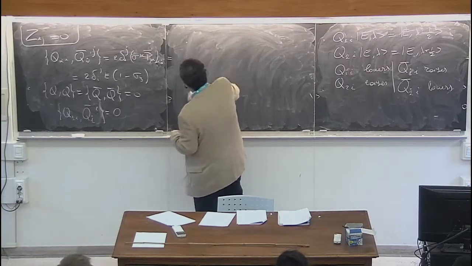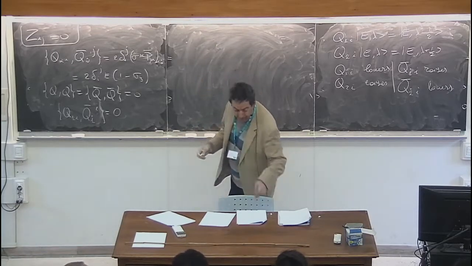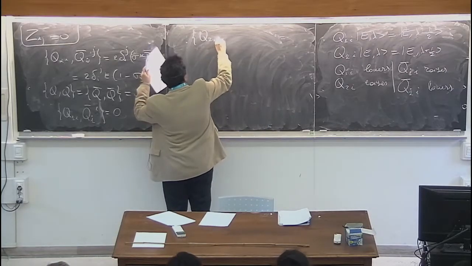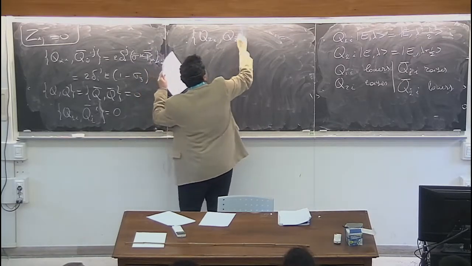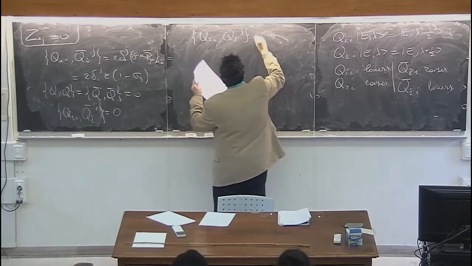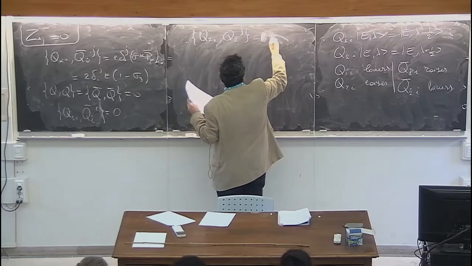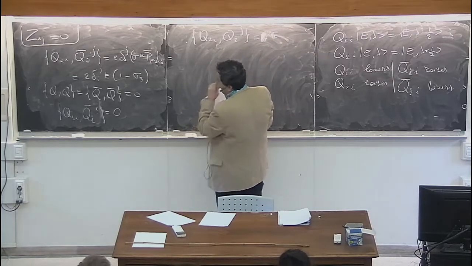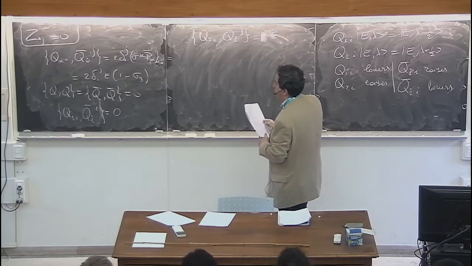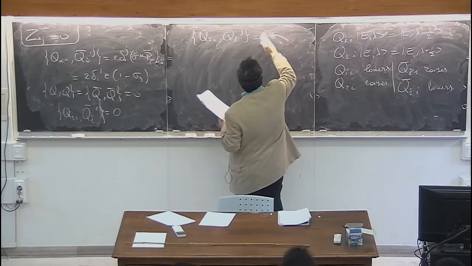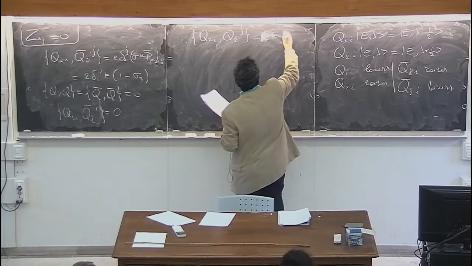Okay, is 0, while Q2i, Q2 bullet j, that's equal to 4E delta ij. I guess it's 2E delta ij.